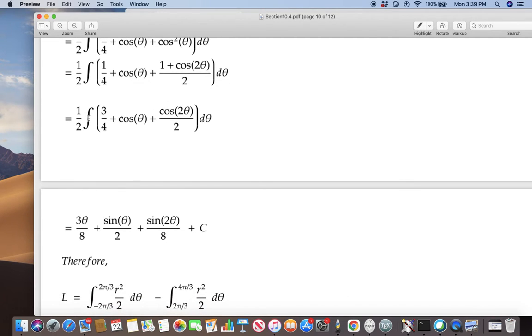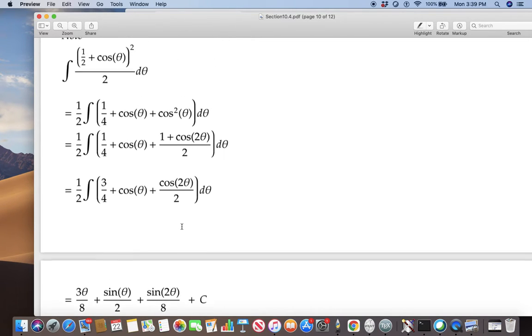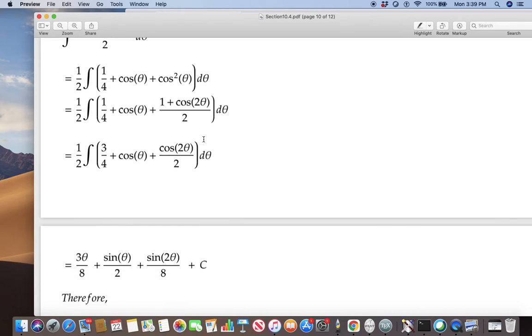So finally, the integral of all this: 3/4 is 3/4 theta. Integral of cosine is sine. Integral of the other cosine is also sine, but that 2 I need to divide, which gets me a 4, times a 2 from outside gets me an 8. So that is the integral of this entire expression.